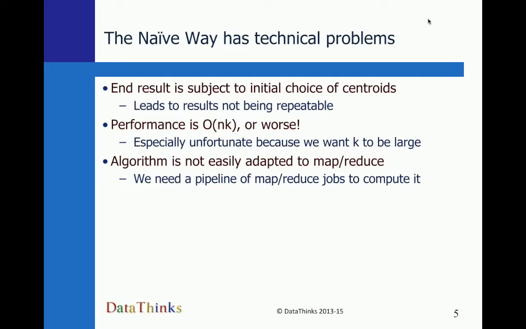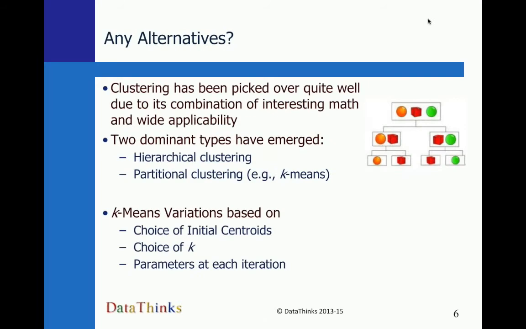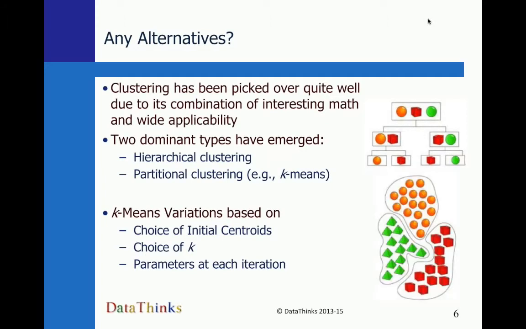All clusters are roughly the same size, and in practice this creates lumpy clusters, and some documents are one of a kind, and those are similar to many others. So again, it's not a great solution if you're really trying to search for the nearest duplicates. The results are subject to the initial choice of centroids, and the performance is obviously not great.